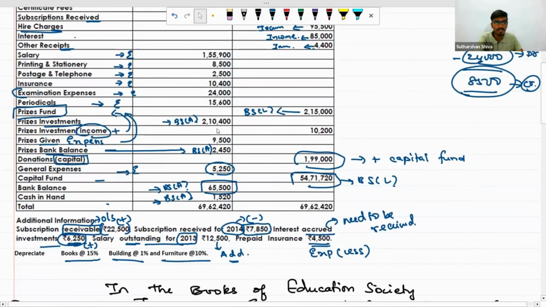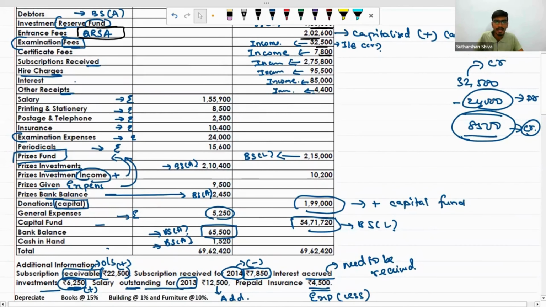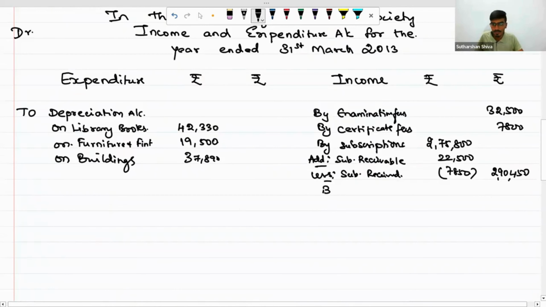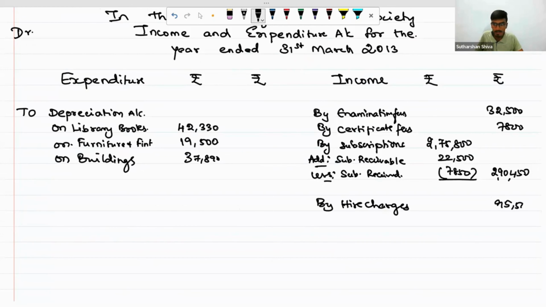And after that, what is the value I will do? Hiring charges 95,500, interest 85,000. By hiring charges, what is the hiring charges? 95,500.